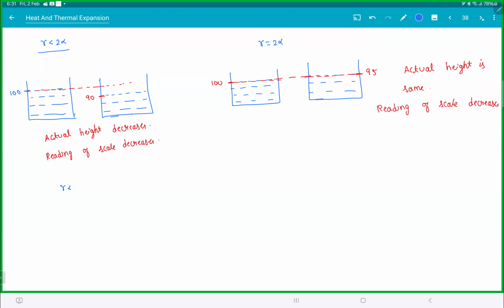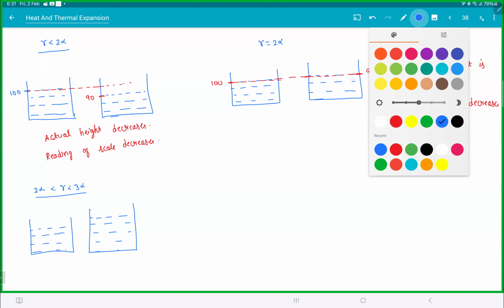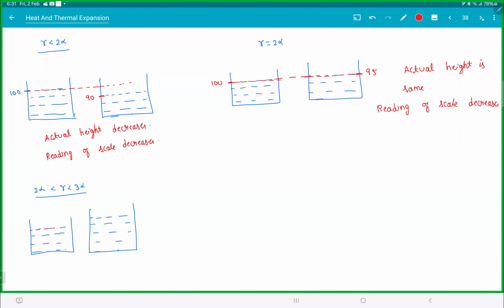Suppose gamma is between 2 alpha and 3 alpha, that is greater than 2 alpha but less than 3 alpha. The actual height increases. Let's say this is 100. The container will still show maybe 98. The actual height increased, but the container still shows the height is less.